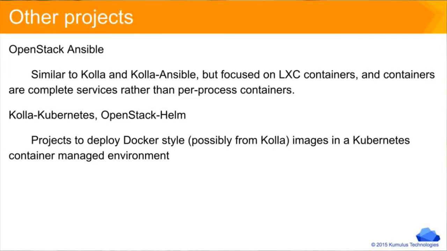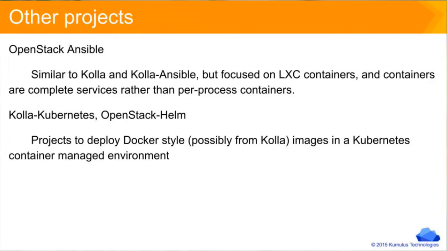The other project, which fits a little bit more closely to the Kolla project, is this concept of running those containers not just as standalone Docker processes or standalone LXC processes, but actually wrapping something like Kubernetes around those resources, using a Kubernetes model to manage the deployment of those different containers. Now, you still have to configure them, so you still need this Ansible layer as well, but the actual launching and life cycle of the individual containers might be better handled by something like a Kubernetes resource.